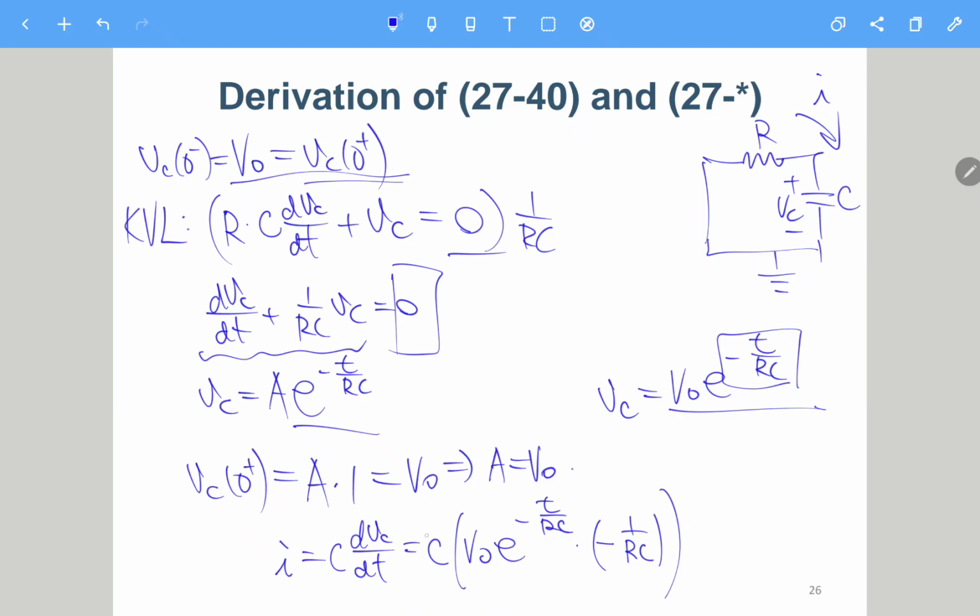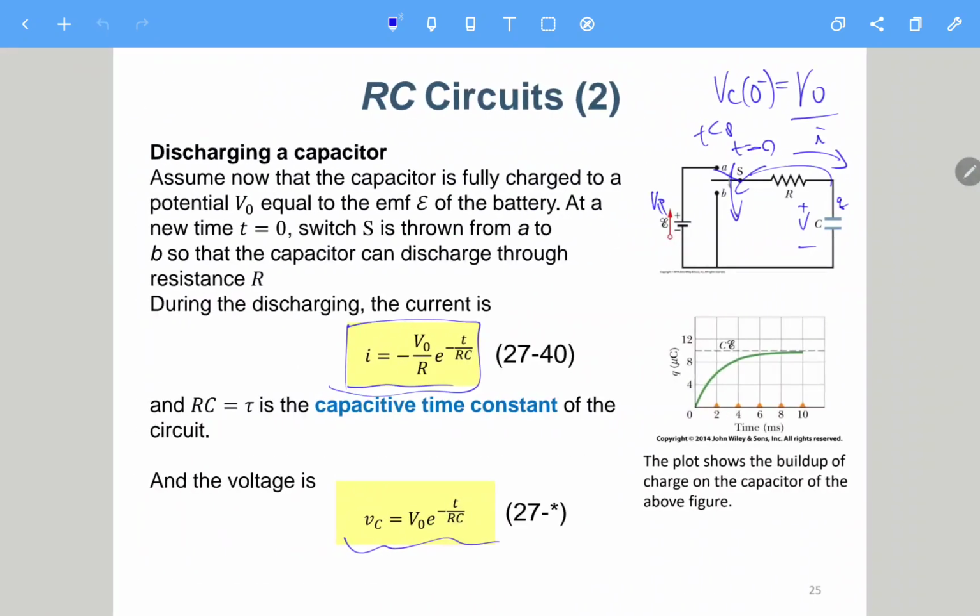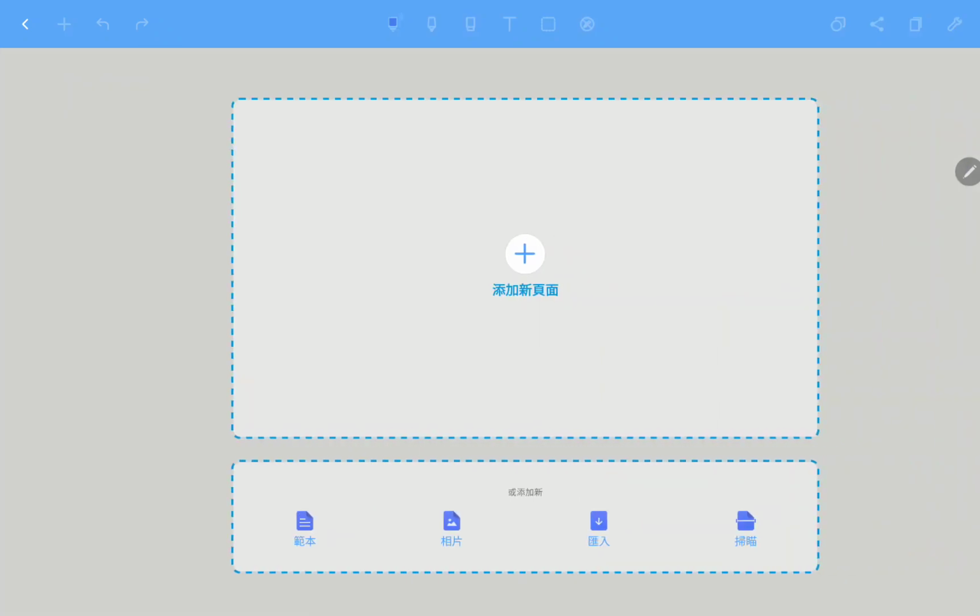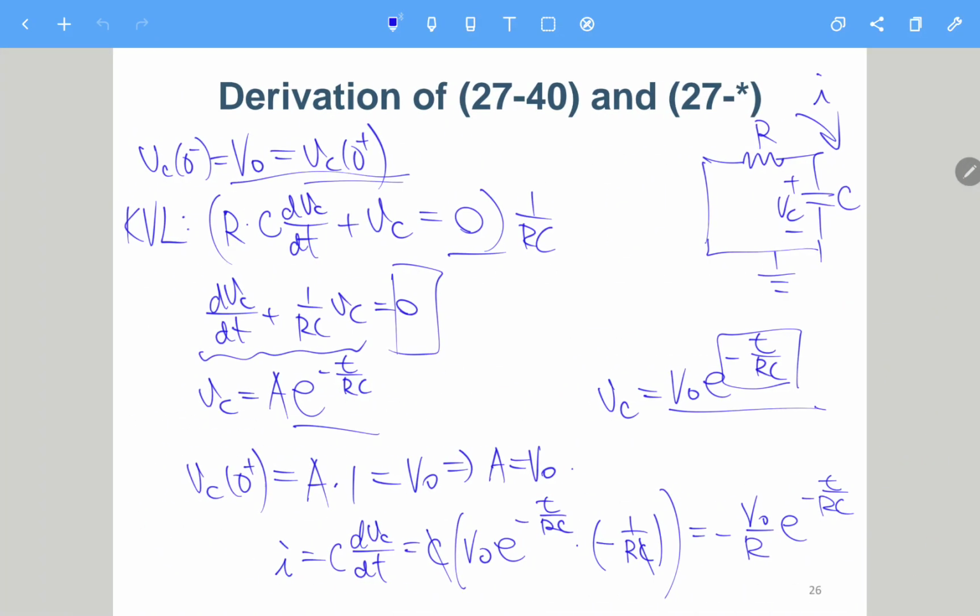We can also cancel this C and C. So finally we will get negative V0 over R, times exponential to negative T over RC, which is actually this one. Okay, so here we have finished off chapter 27.